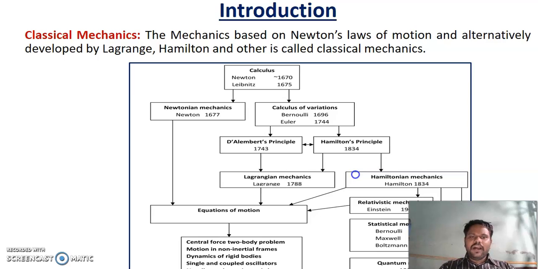To describe relatively high speed motion of objects, relativistic mechanics has been studied by Einstein in 1905. For a large number of particles, statistical mechanics will be studied, developed by Bernoulli, Maxwell and Boltzmann.